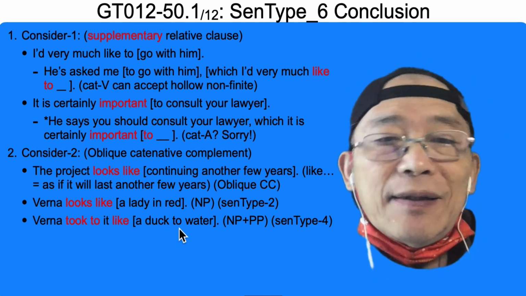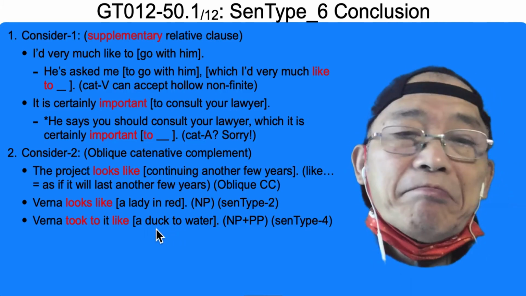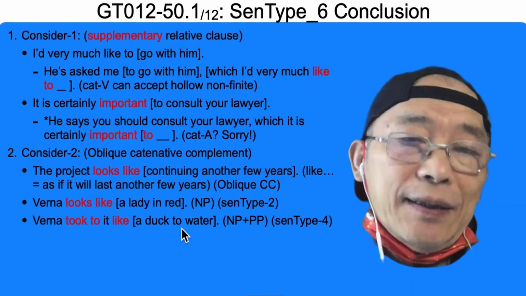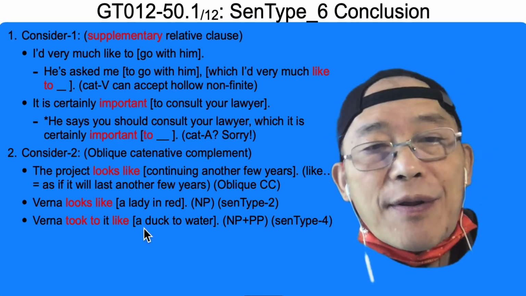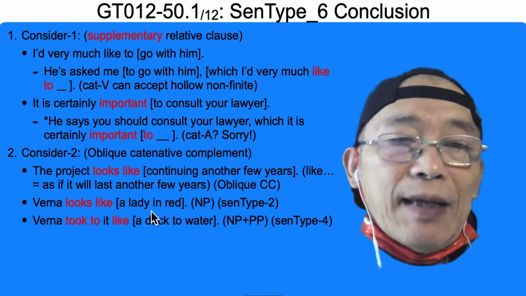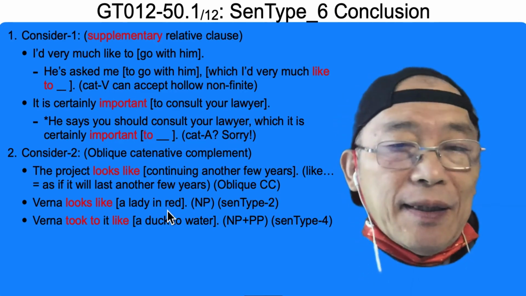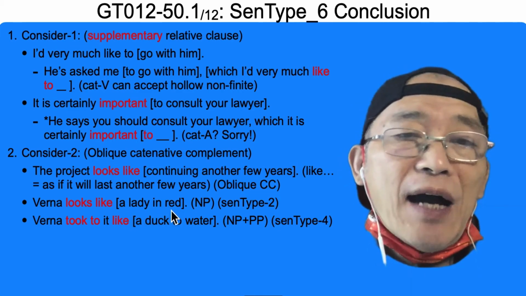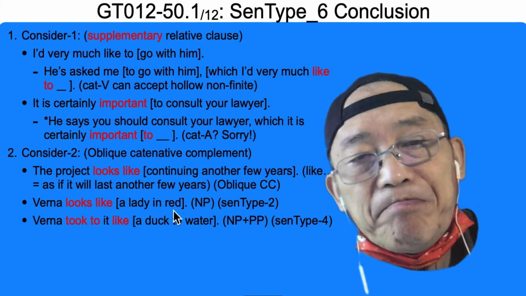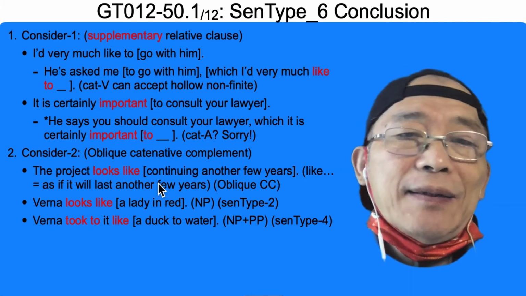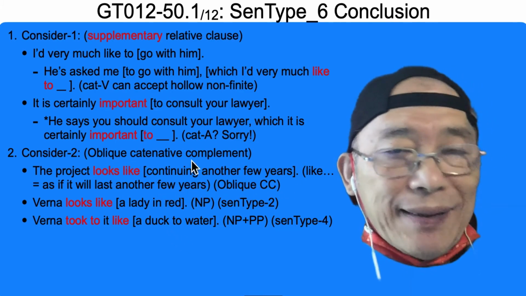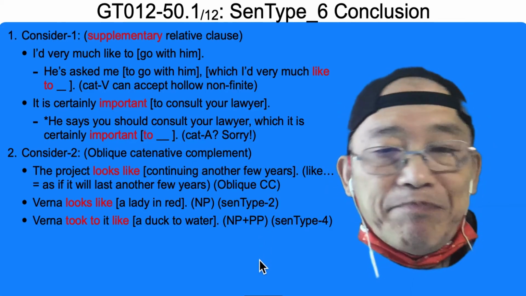A noun thing, a noun, a preposition phrase, two things. And a lady takes a modifier for this. So this is just one thing, a noun phrase. So this one is pretty unique. It is called oblique catenative complement.